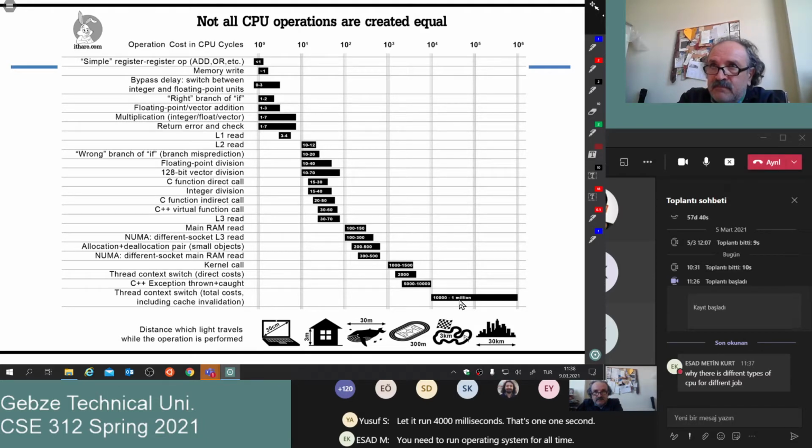If you don't run the operating system, malware can harm your computer. Is this right? I am not saying don't let the operating system run. I am saying that instead of switching between the processes every 50 milliseconds, let me switch every second.